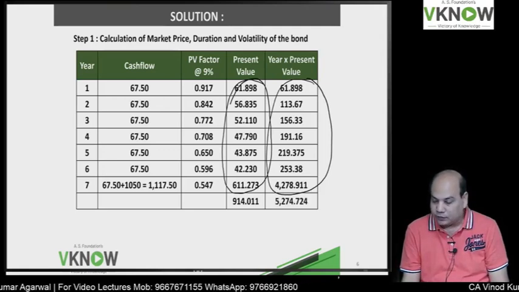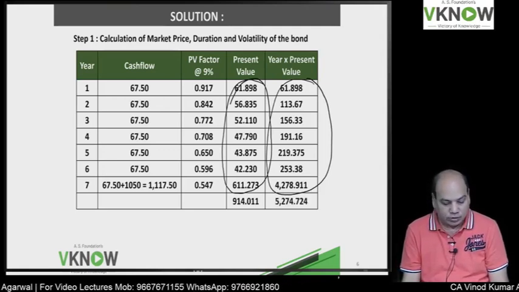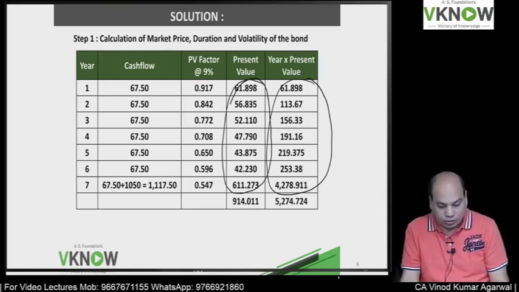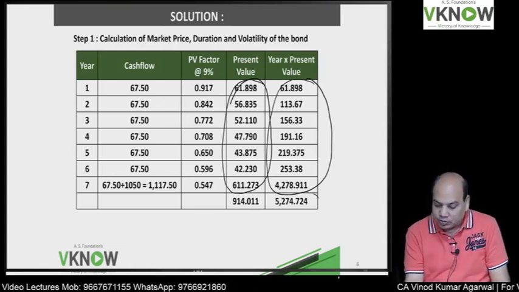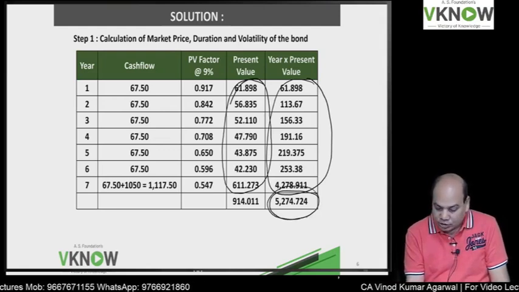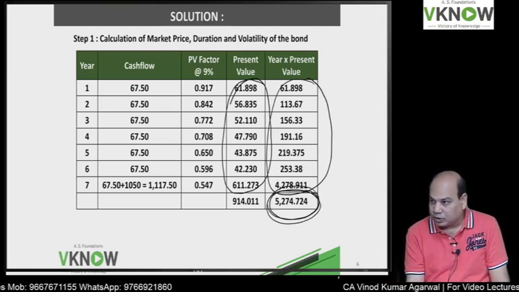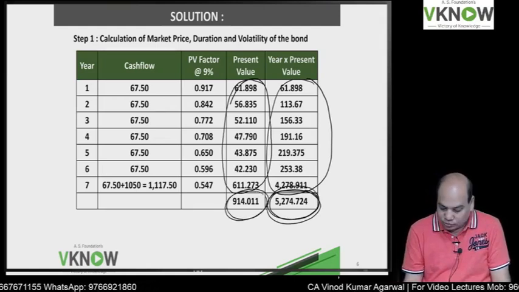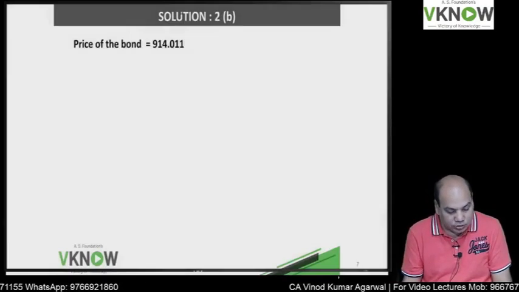Approximately you are getting 5274. Yes, very good. One student has confirmed 5274. So this will be required for duration. The formula for duration is the summation of year into present value divided by present value. So that will help you to get duration also.